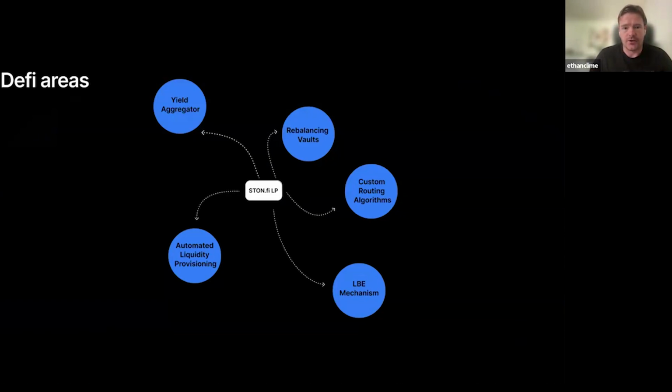So you have yield aggregators in the DeFi scene. This is usually a vault, basically a place you put money, and there's a smart contract that will find strategies on which pools are producing the best yield, right? So on STON.fi, all the pools make 0.2% of all the swaps that are interacting with that pool.